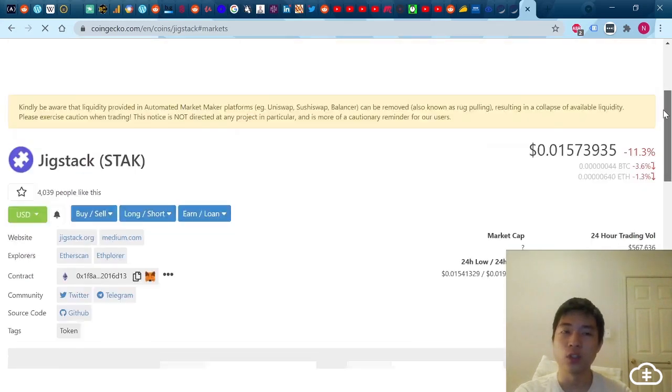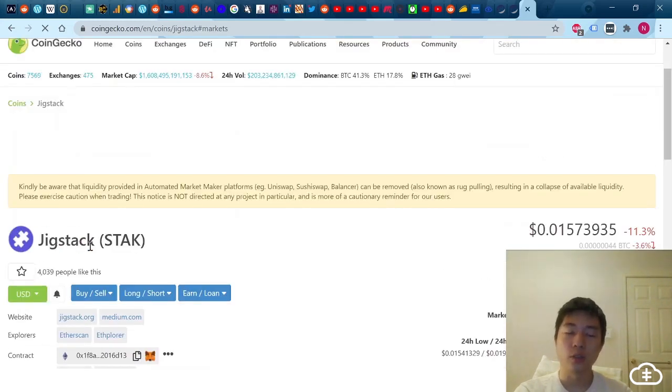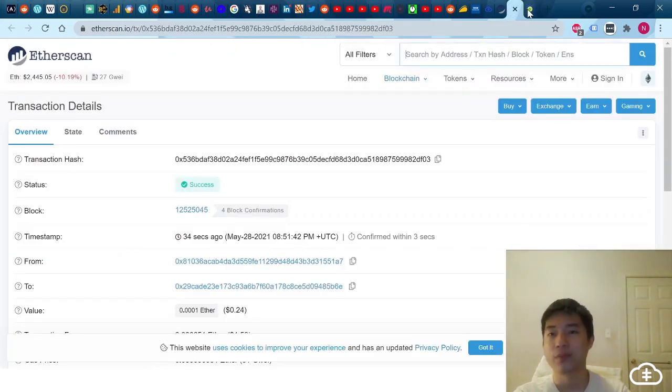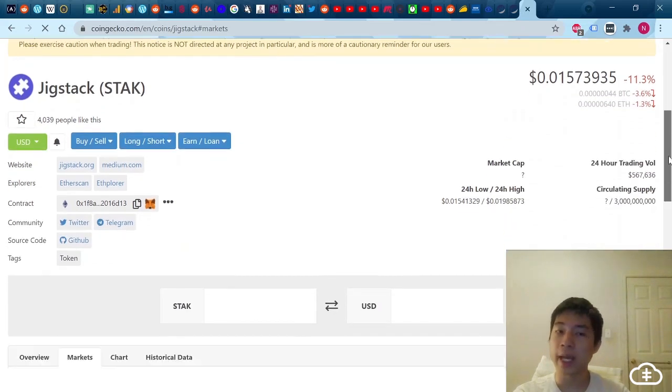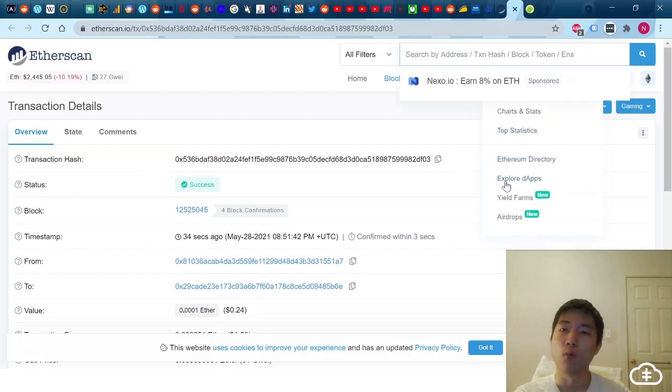So when you're buying a coin on the Ethereum network, this coin is made with Ethereum. What's really happening is all the coins are smart contracts. And all the smart contracts have a label on them, just like how wallets have a label and your transactions have a label.